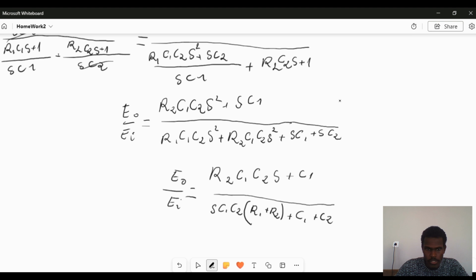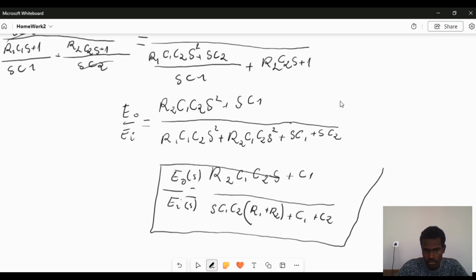So this is our transfer function. Here we can say E output(S) and E input(S). So this is the transfer function of the circuit.